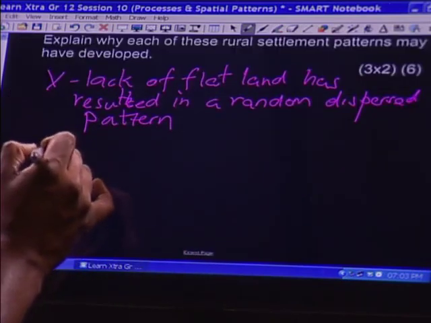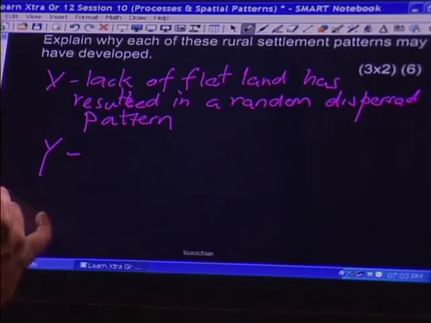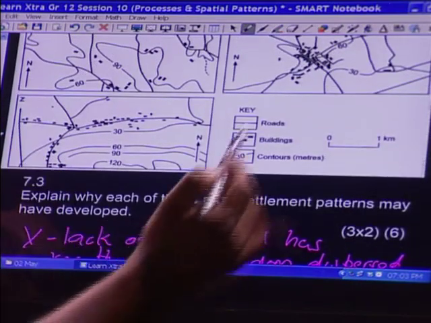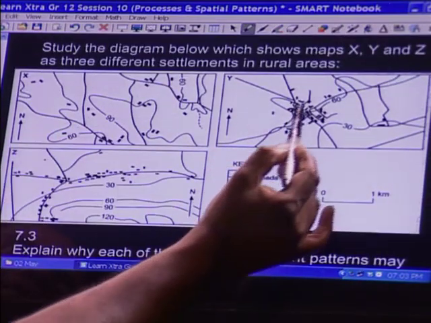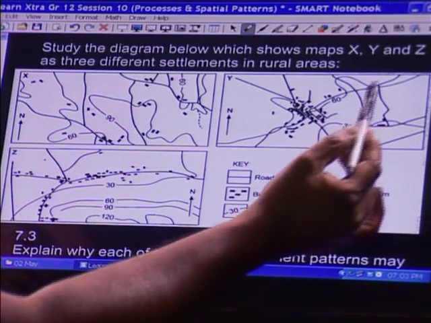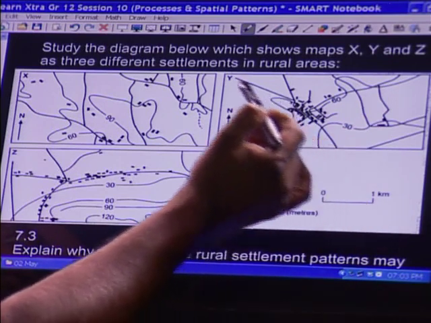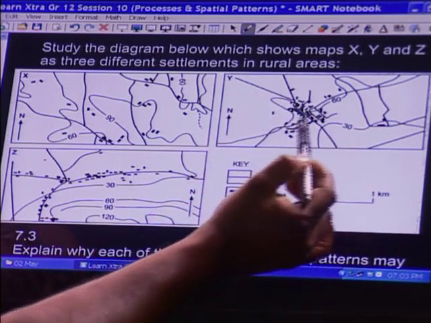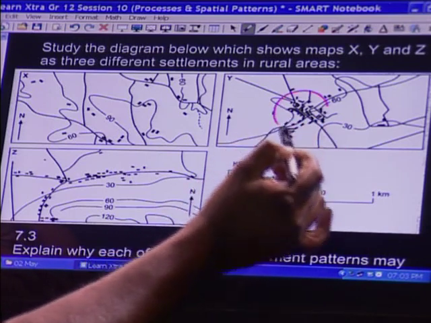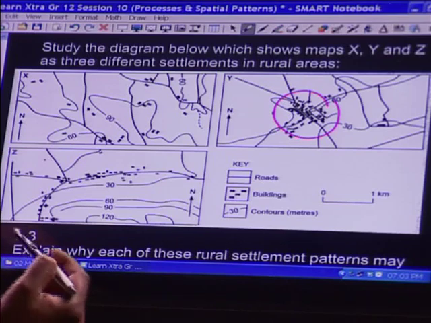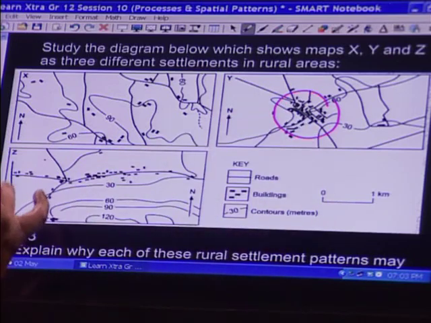Moving on. The settlement pattern represented by Y is generally located along the road networks. These road networks merge to form this particular settlement with all these buildings around it.